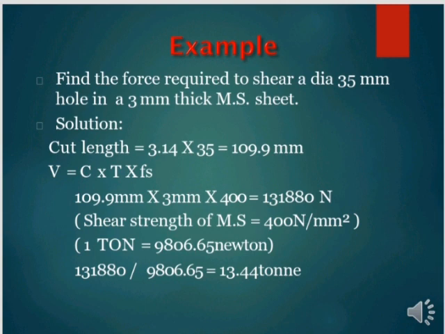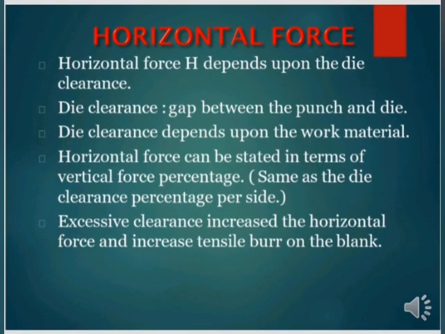So 131,880 divided by 9806.65 is equal to 13.44 ton. So, the force required to shear a dia 35 mm hole in a 3 mm sheet thickness is 13.44 ton.